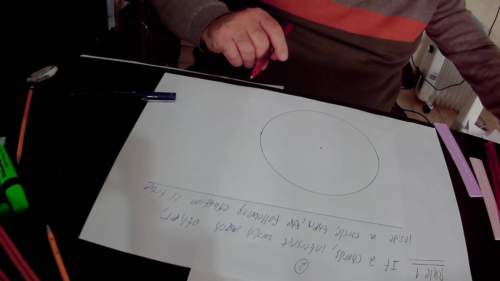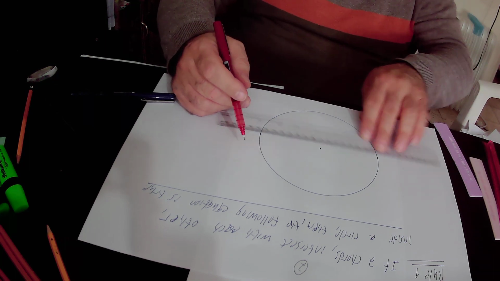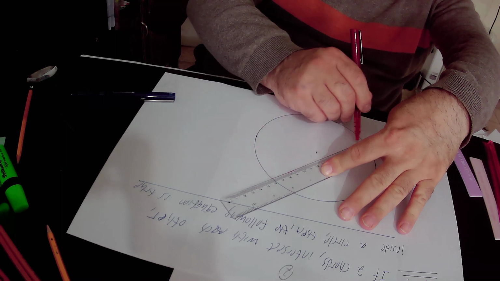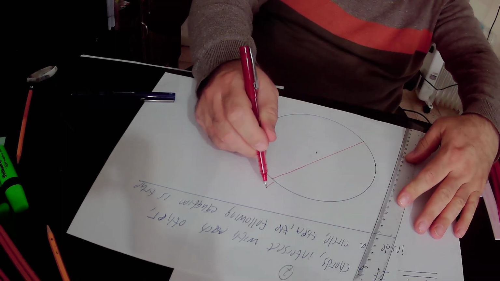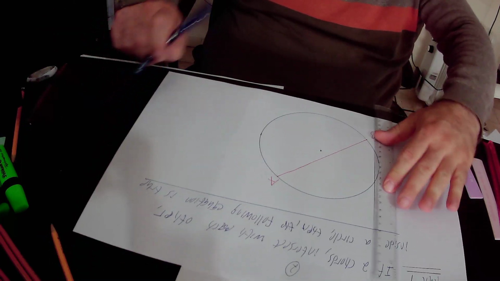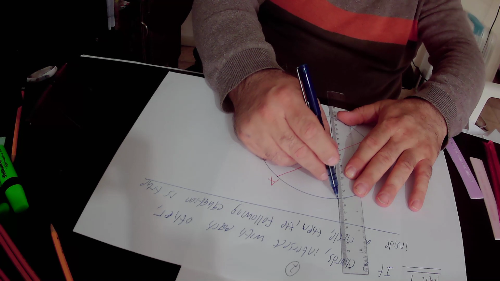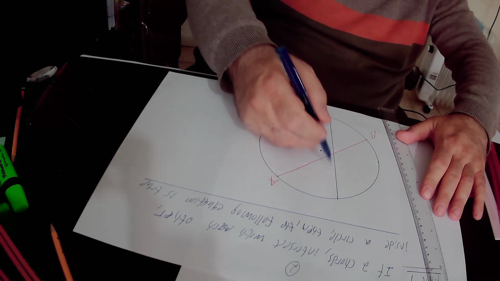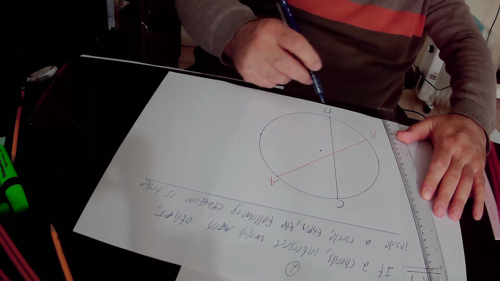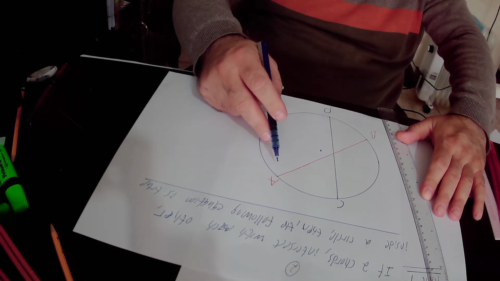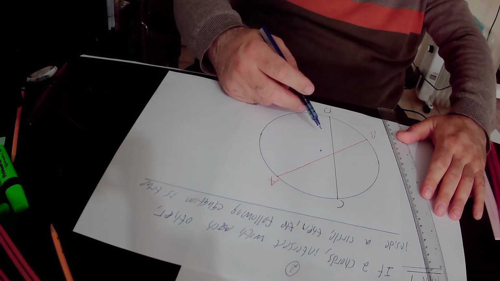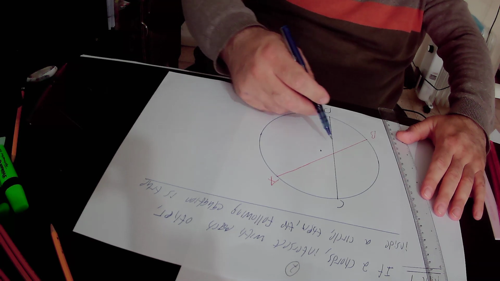The first chord is chord AB that intersects with chord CD. So chord AB, the red chord, intersects with CD, the blue chord, and the intersection point is at point O.